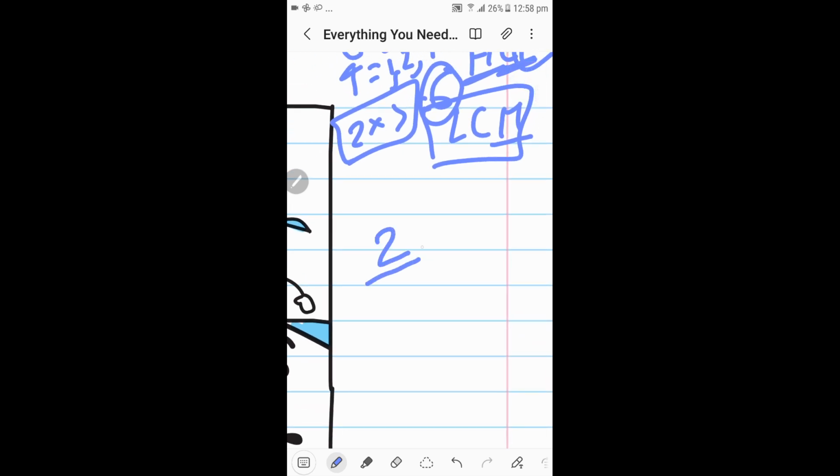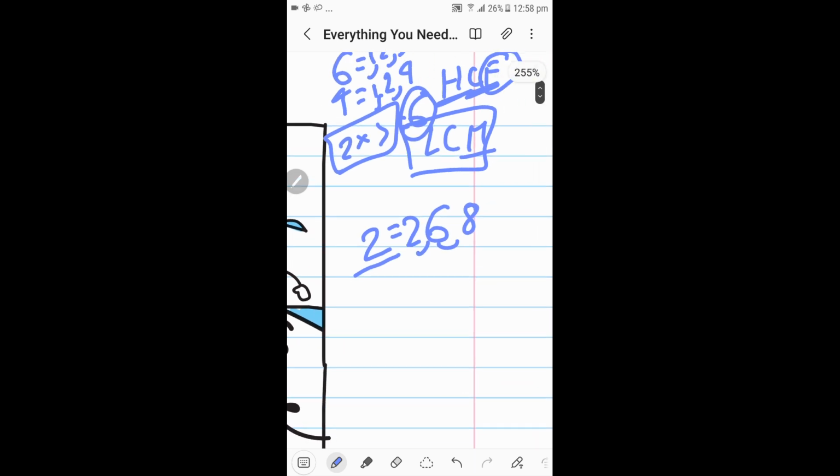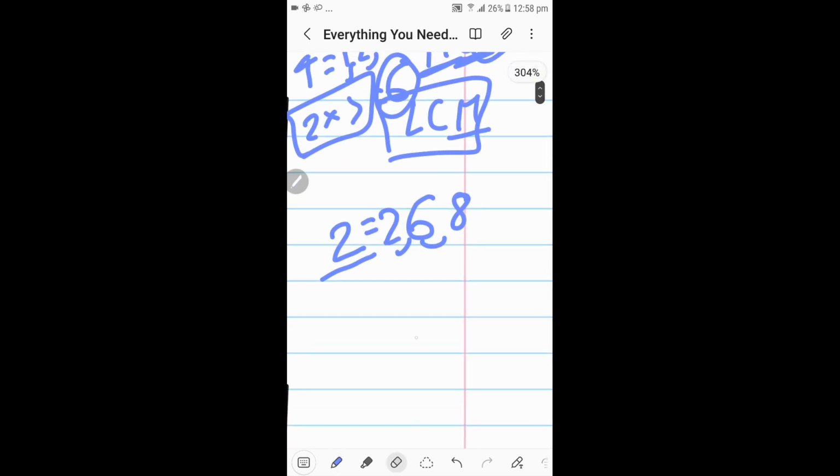When we say multiples of 2, it just means the multiplication table. So 2 ones are 2, 2 twos are 4, 2 threes are 6, 2 fours are 8, 2 fives are 10, and so on.